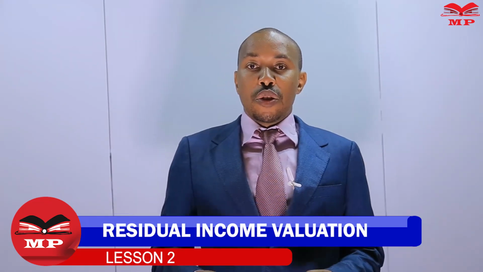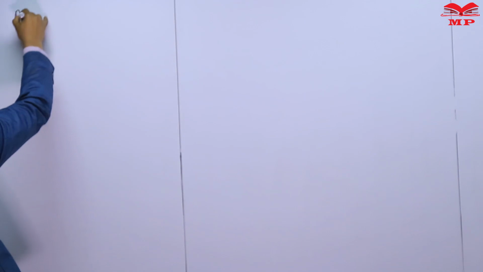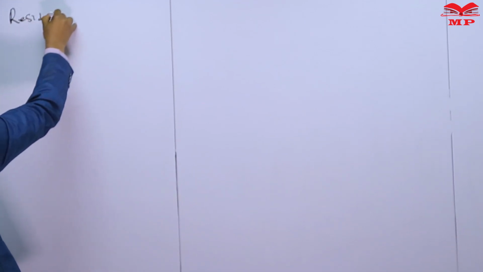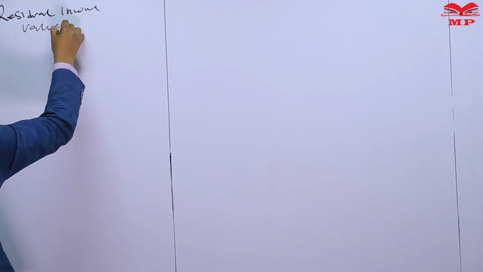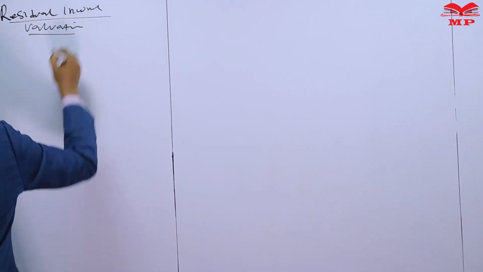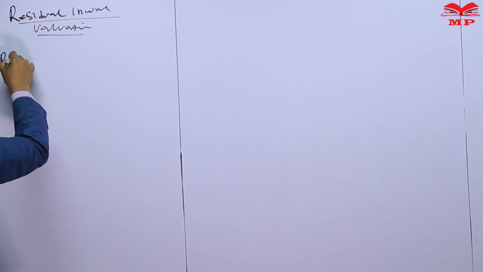And what we will do in lesson 2, we will build on what we have done in lesson 1. More precisely, we are still looking at residual income valuation. We will look at the residual income model.